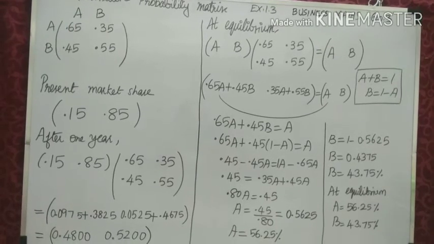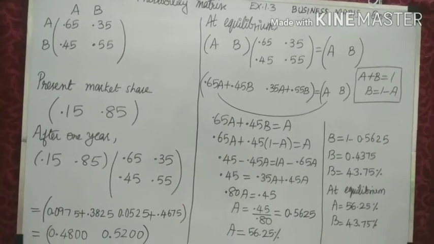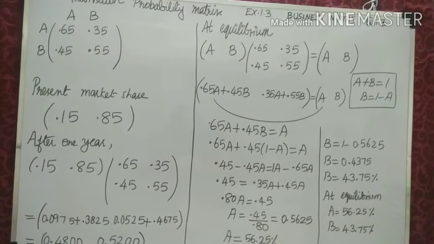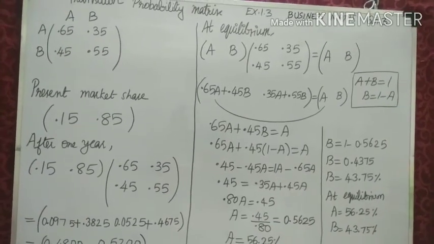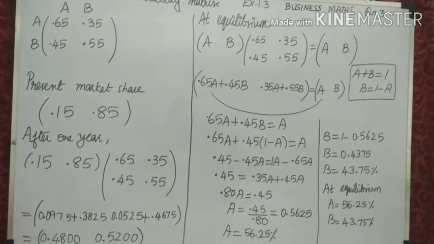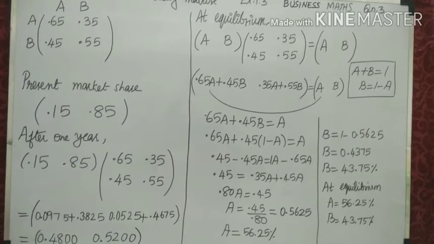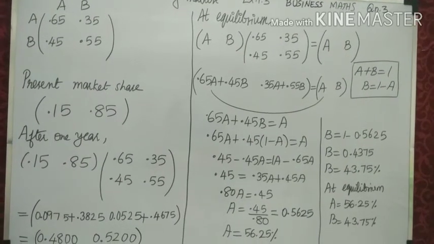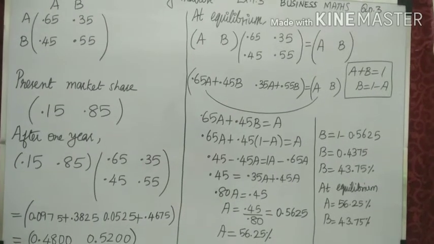The word equilibrium means AB multiply with a matrix must yield AB. As I multiply, compare the first element and I get A value 0.5625, B value 0.4375. Take and write the answer.